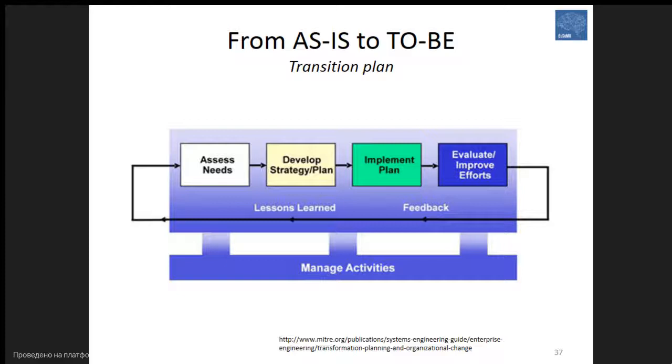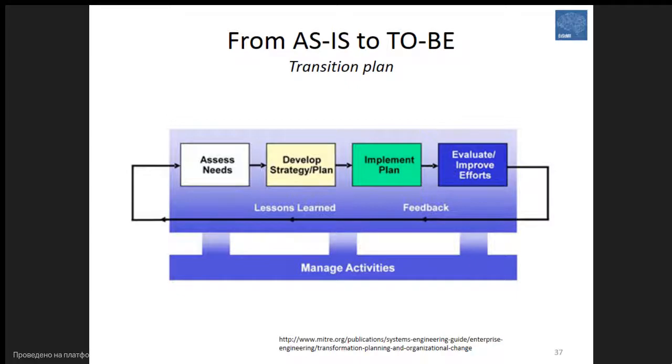So the transition plan requires analyzing the needs. We have talked about the needs on the previous slides. Develop a strategy and plan, implement the plan, evaluate and improve what you have done, get feedback, and again work around the cycle, the PDSA cycle, more and more.